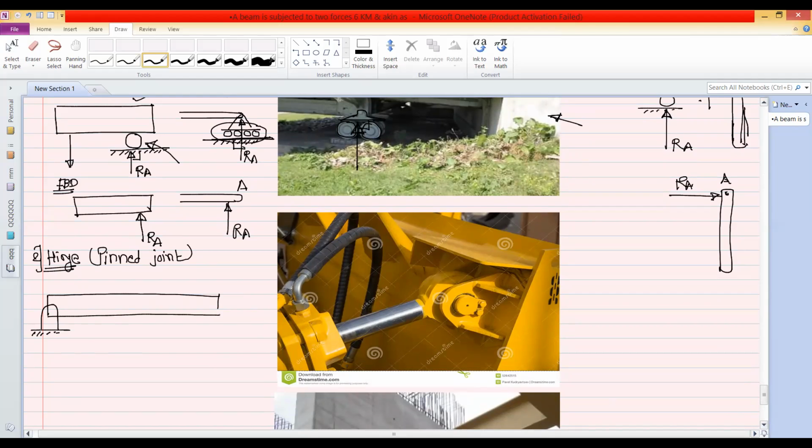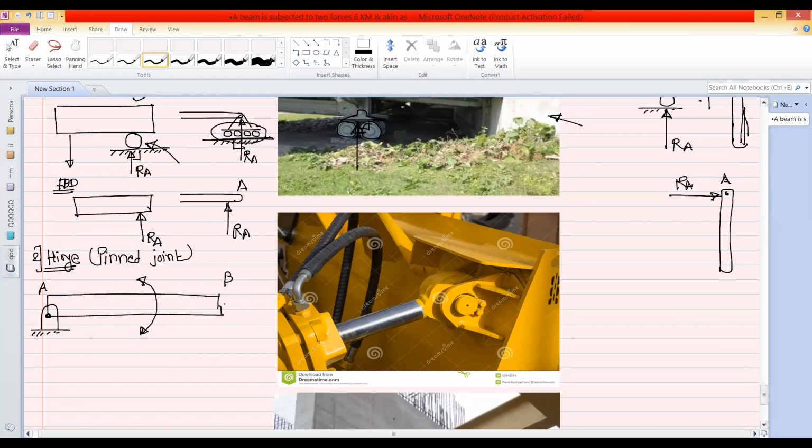Suppose this is the rod. This rod is AB, and it is connected at this point with the help of hinge support or a hinge joint. Then this hinge joint, it cannot restrict the rotation of the rod AB.